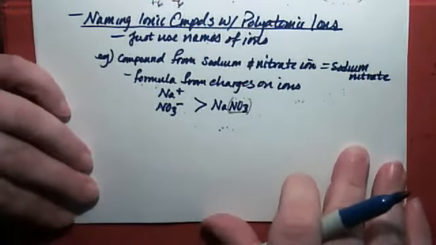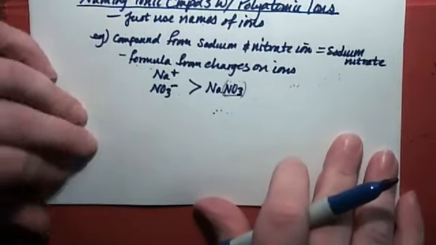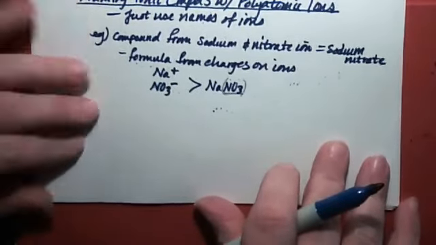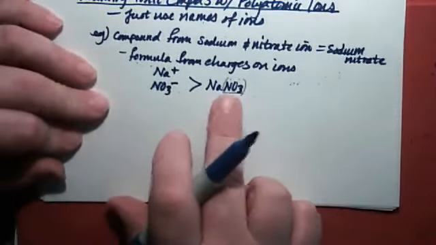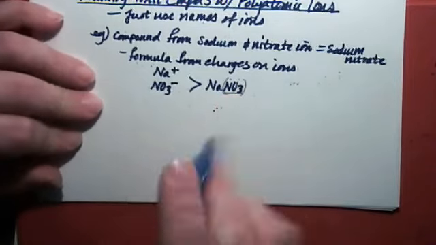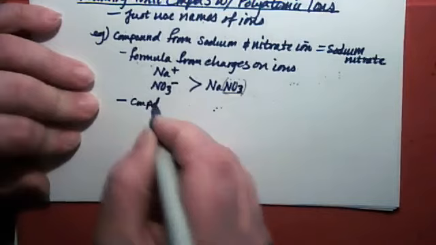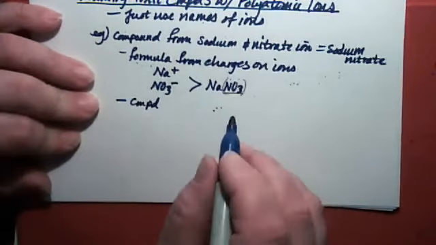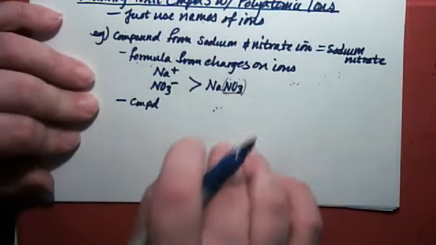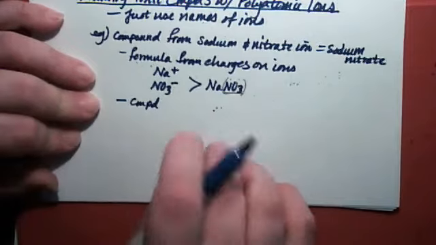Okay, so if more than one polyatomic ion is present in a molecule, then you should definitely put parentheses around it and put a subscript after the parentheses to show how many of the polyatomic ions there are in the compound.